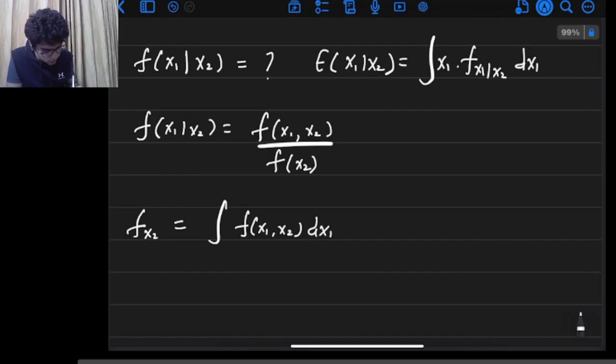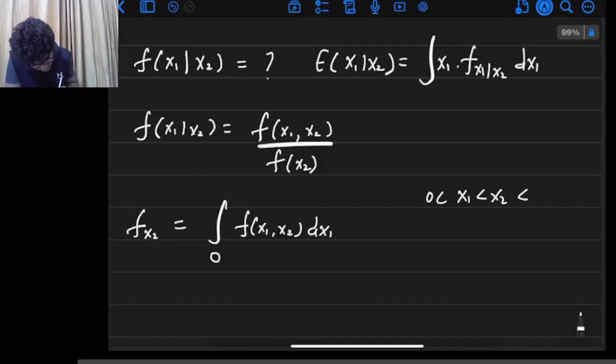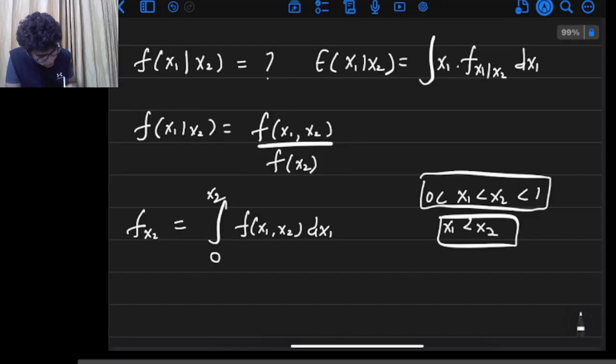So this will be dx1, and the limits: we know that x1 and x2 lie between 0 and 1, and x1 is always less than x2. So my limits for x1 will be 0 to x2. I have discussed all of these conditional probabilities in the previous videos, so you can check that out.